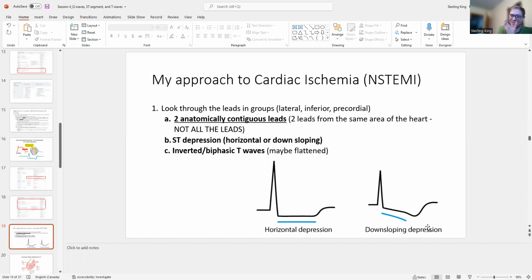A smile is concave, meaning it bows in. This would be convex, because it's pushing towards the line. This is concave, it's pushing away. If you have inverted biphasic T waves, again, interpret them in context. You saw all these other things, and then you saw the T wave.